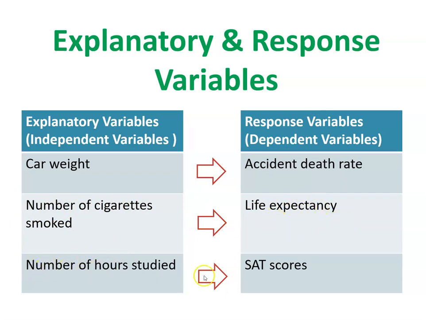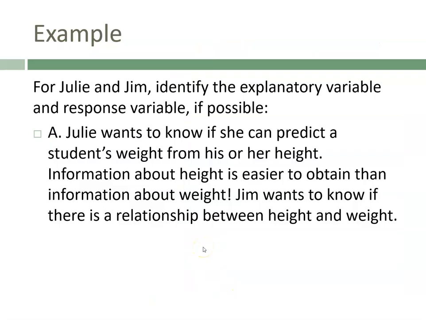Same thing, number of hours studied versus SAT scores, right? This one kind of depends on that one sometimes, right? And I'm not saying, again, this doesn't cause this one to be high or low or whatever, but there might be a relationship there. I wouldn't say the other way around. That's all I'm saying.